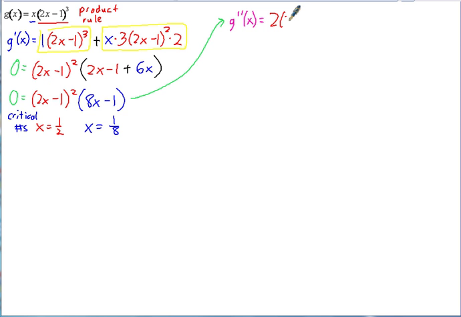So that would be 2x minus 1 to the first times the derivative inside is just 2 times the second one as it is, 8x minus 1, plus the first one as it is, 2x minus 1 squared, times the derivative of the second one is just 8. And we just need to figure out at 1/2 and 1/8 if this is positive or negative using the second derivative test. But it might be easier to simplify this. You don't have to, but I think it will be easier if we do that.